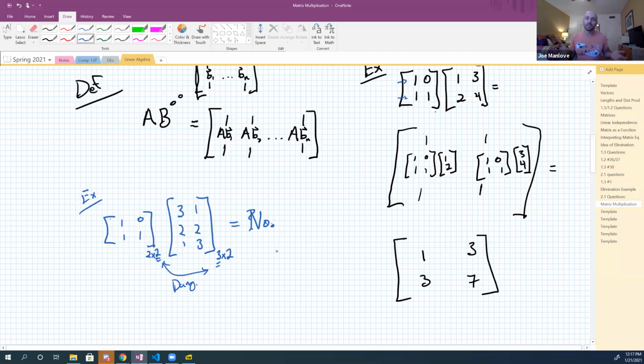Why doesn't it make any sense? Well, because this first thing, right, is a map from 2 space to 3 space, right? And then this second thing is a map from 2 space to 2 space.